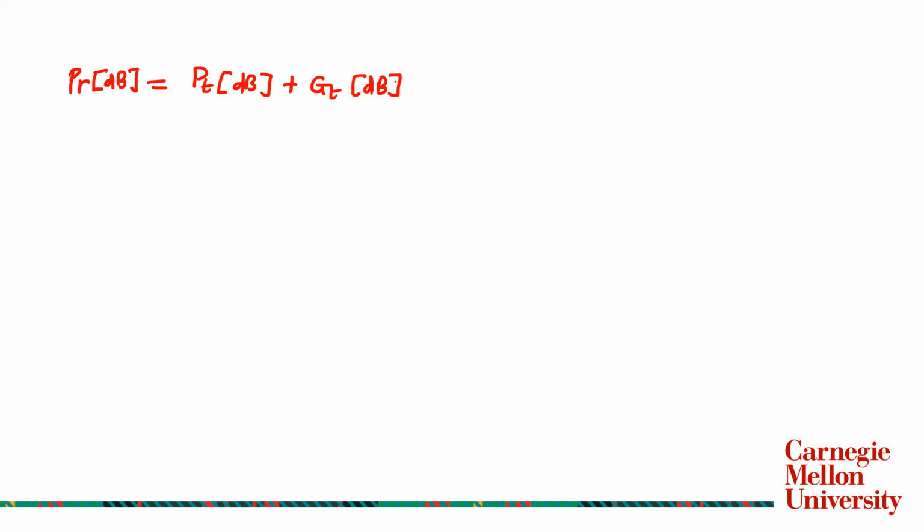In general terms, when you are doing your things, you don't have to put dB really. I'm just making it clear for you. Plus GR in dB plus, this is the other term that we want to look at, 20 log 10 of C over 4 pi FD.